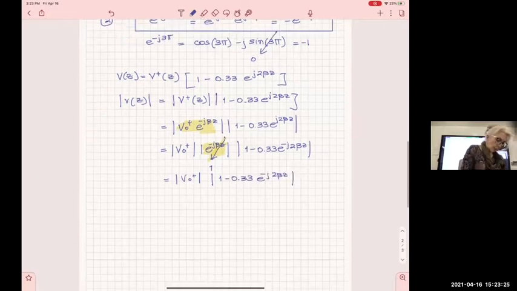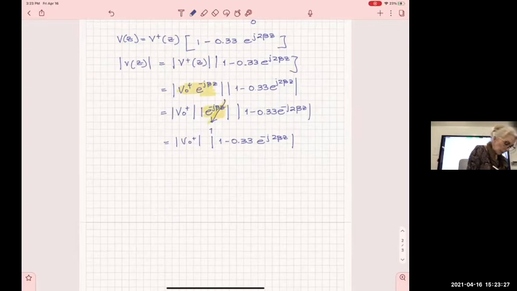Okay, so look what I'm going to do. I'm going to find V of z as a function. I will take this ratio, the constant, and then practically the only thing I have to do is to find the magnitude of this complex number.